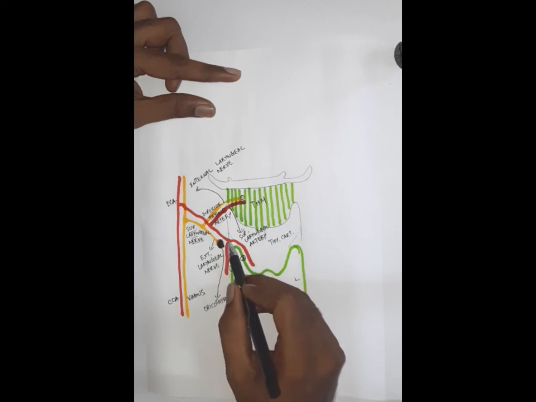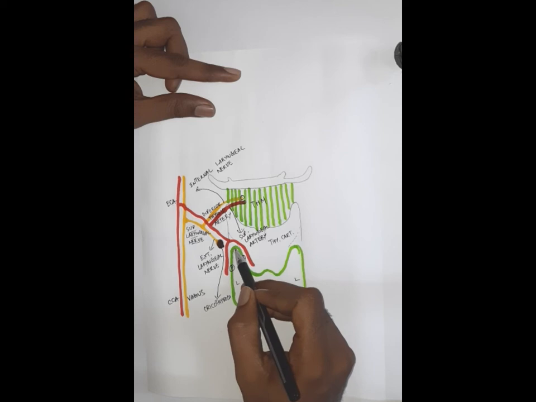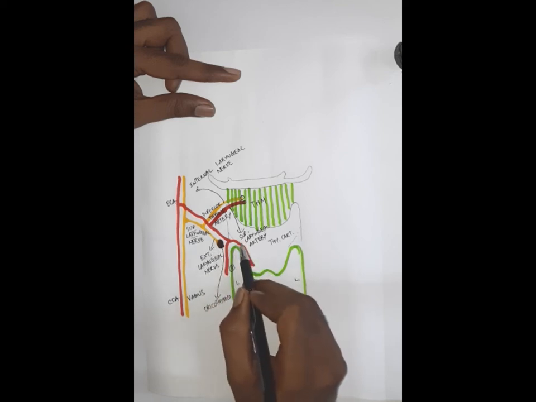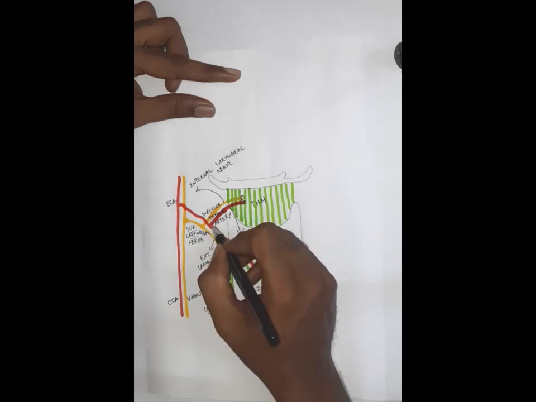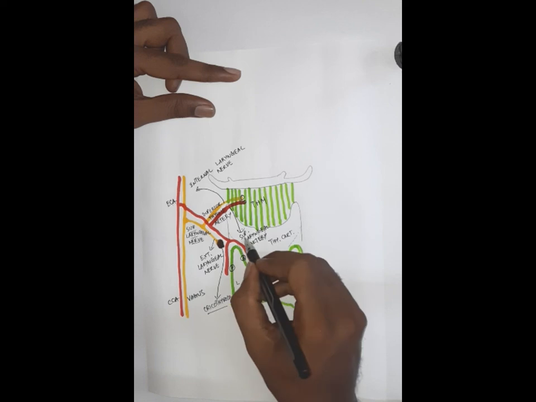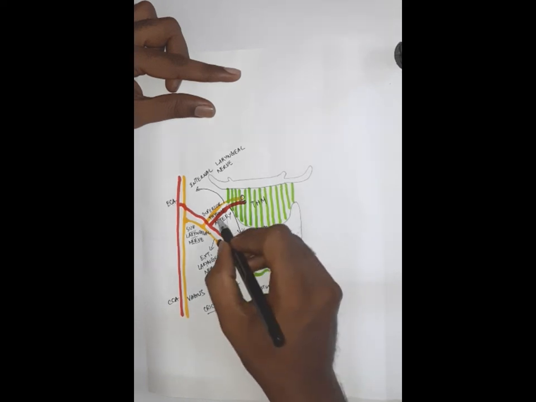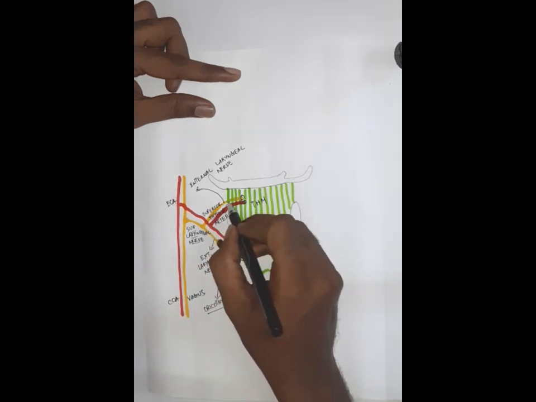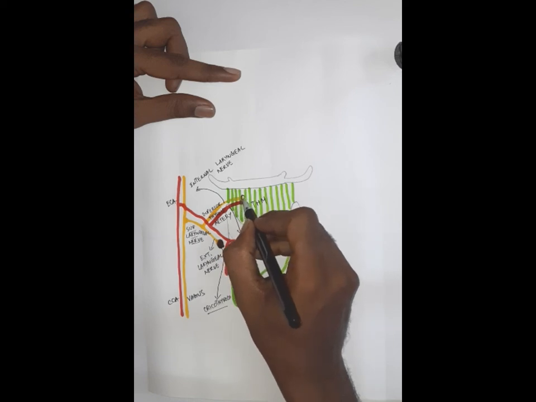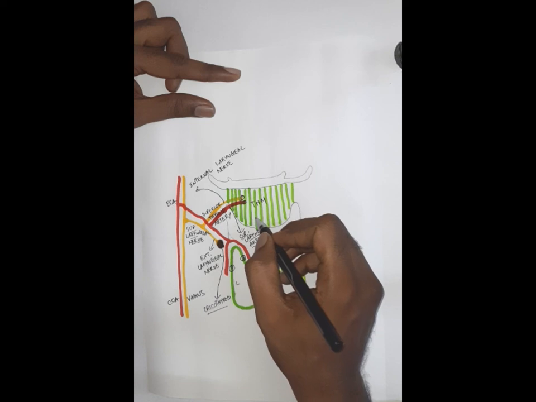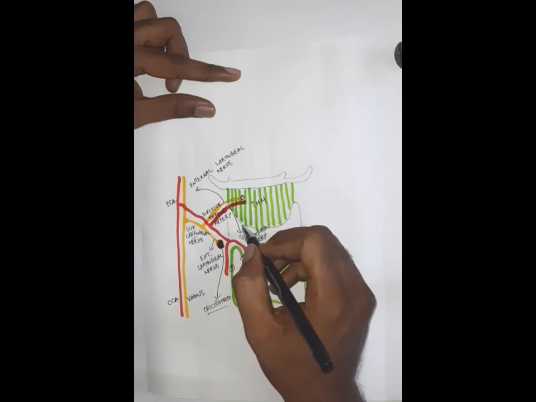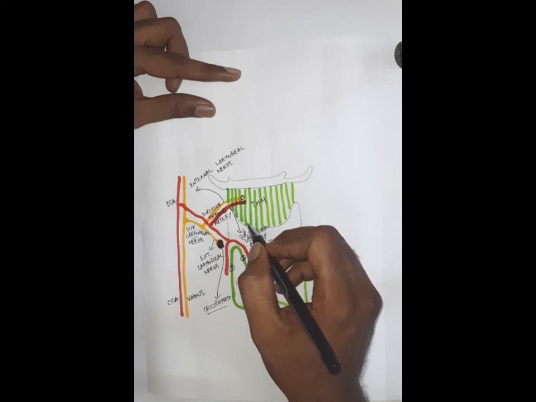When the superior thyroid artery is about to reach the upper pole of the thyroid gland, the nerve separates out and goes and supplies a muscle called the cricothyroid. The superior thyroid artery, before it reaches the upper pole, gives a branch called the superior laryngeal artery. The superior laryngeal artery and internal laryngeal nerve both pierce the thyrohyoid membrane and go deep inside, and you can locate the internal laryngeal nerve in a fossa called the pyriform fossa.